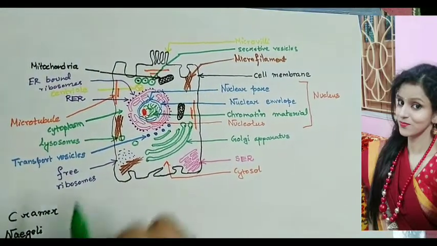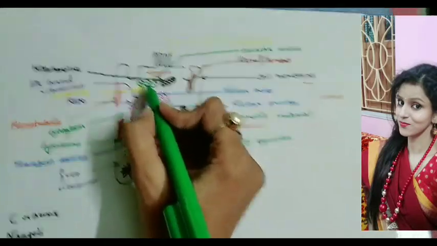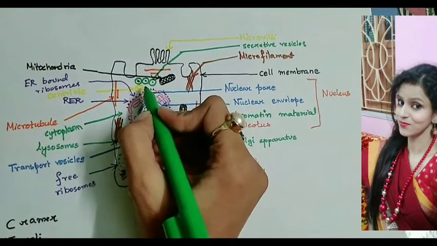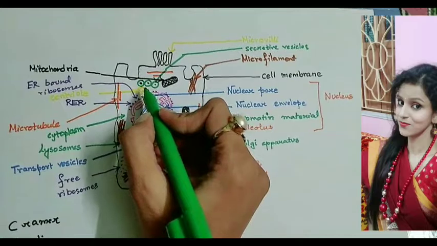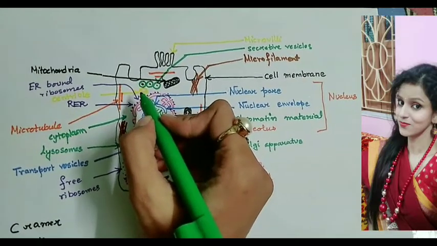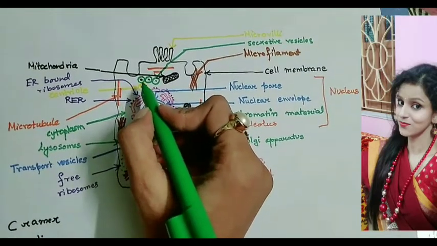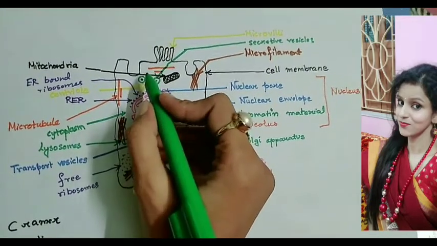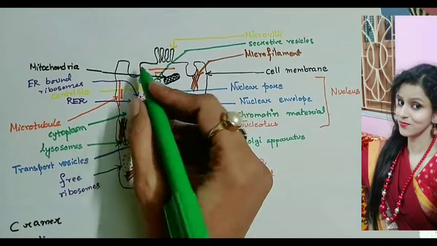And now how these chemicals are released outside, let me tell you. The outside of the secretive vesicle is made up of lipoprotein, and the outside of the plasma membrane is also made up of lipoprotein. So obviously, as you can see, both are made up of lipoprotein.